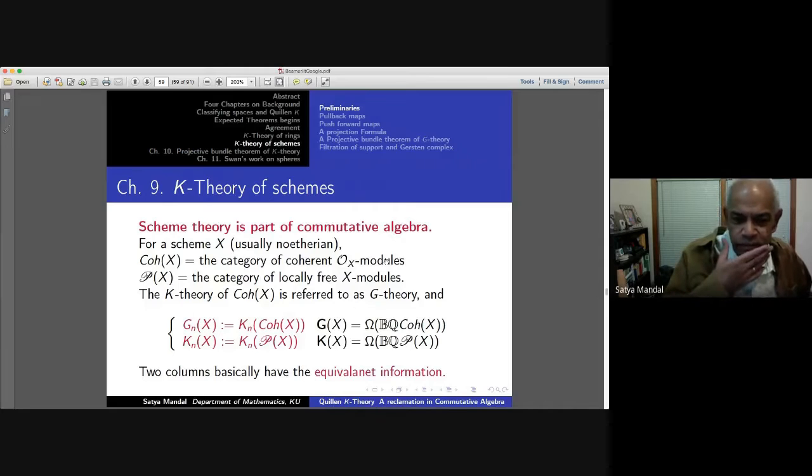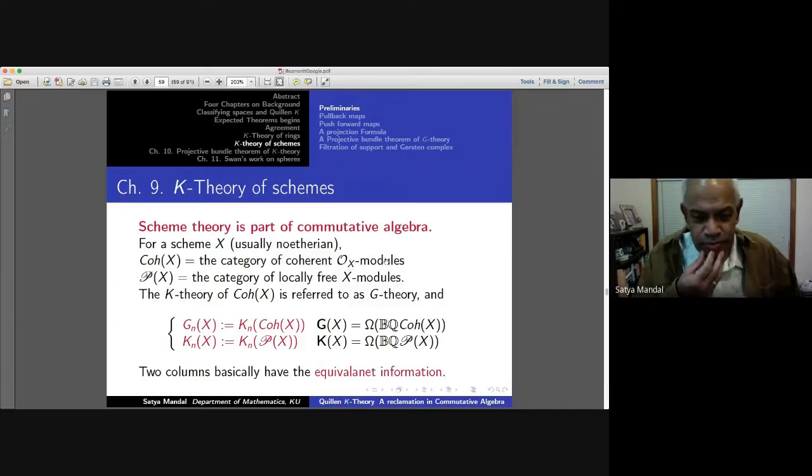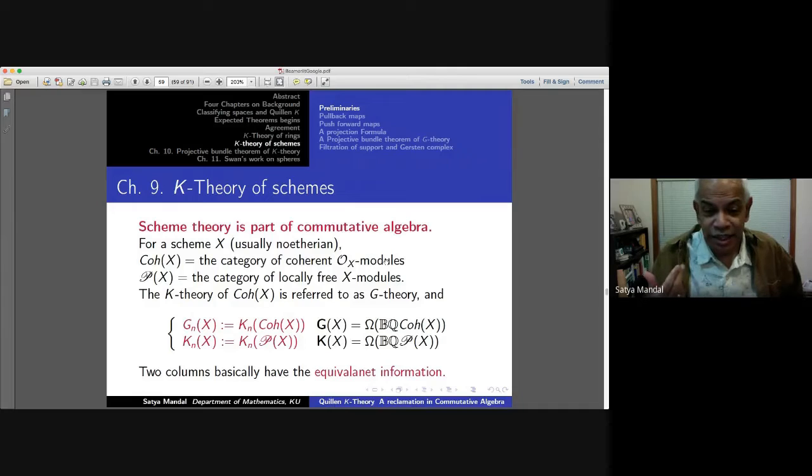And as I said, there are not enough open subsets in the category of affine spaces. And I'm taking a pedagogic view, not necessarily a research view.